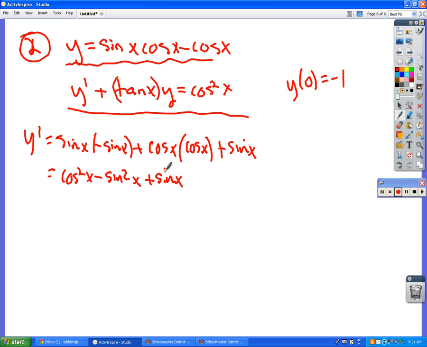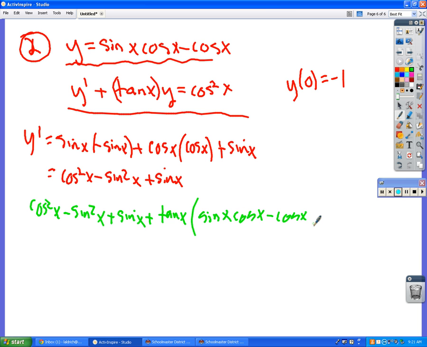Okay. So now I can rewrite this equation here that we're trying to show that this is a solution to with cosine squared of x minus sine squared of x plus sine of x plus tangent of x times y, which is sine of x, cosine of x, minus cosine of x.